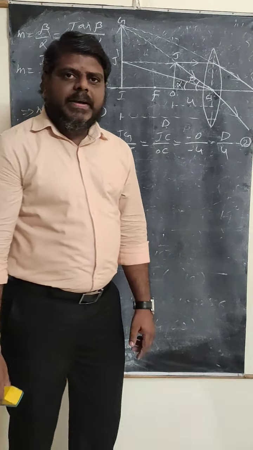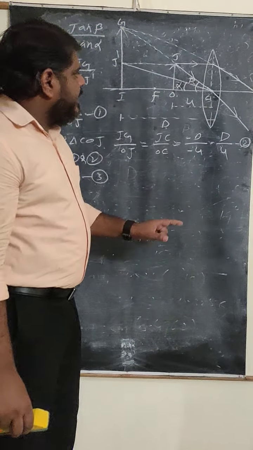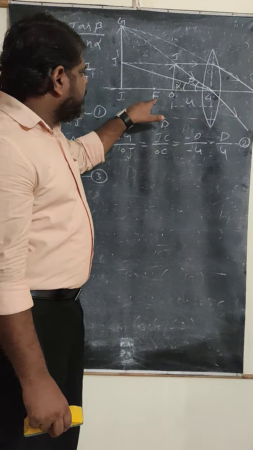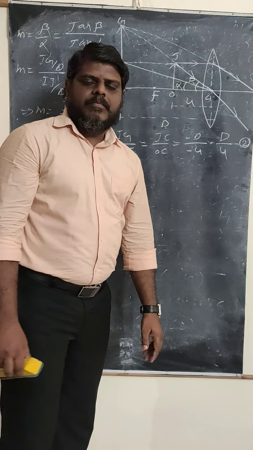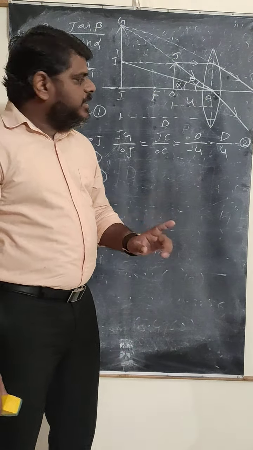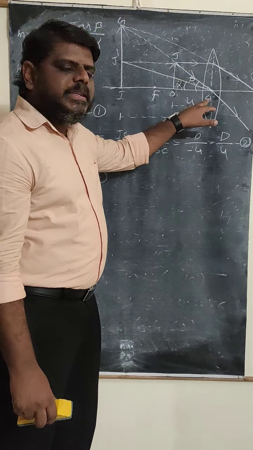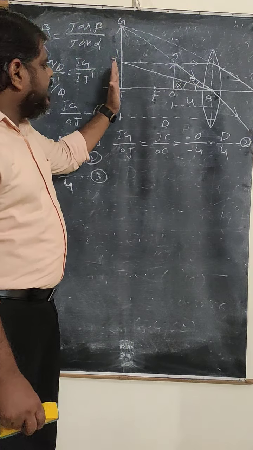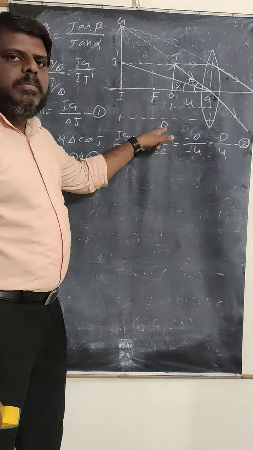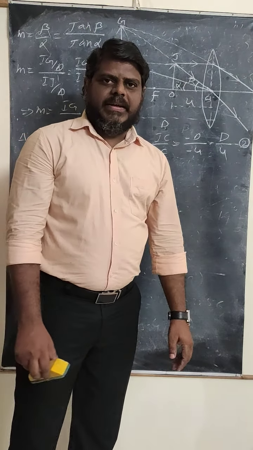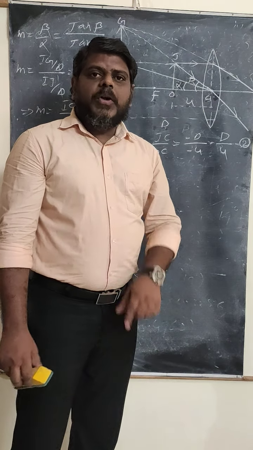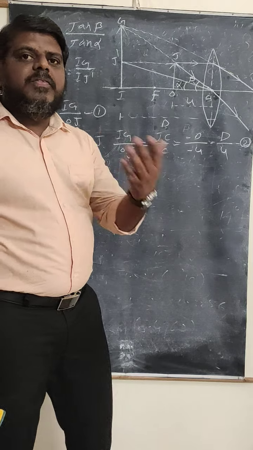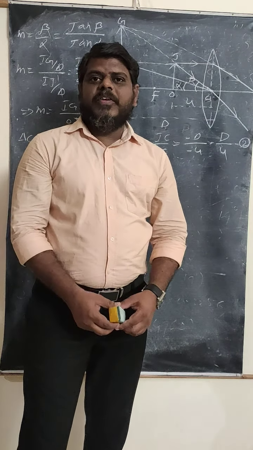For near point adjustment, always remember that the object will be placed between the principal focus and the optic center. When the object is placed between the principal focus and the optic center, the final image will be produced at the least distance of distinct vision, which is capital D, 25 centimeters. For the far point adjustment, the final image should be formed at infinity.